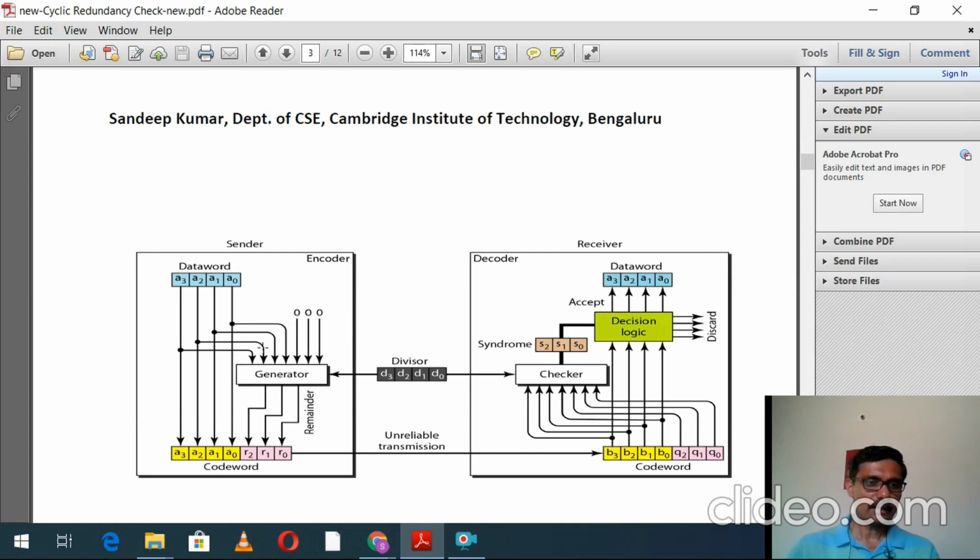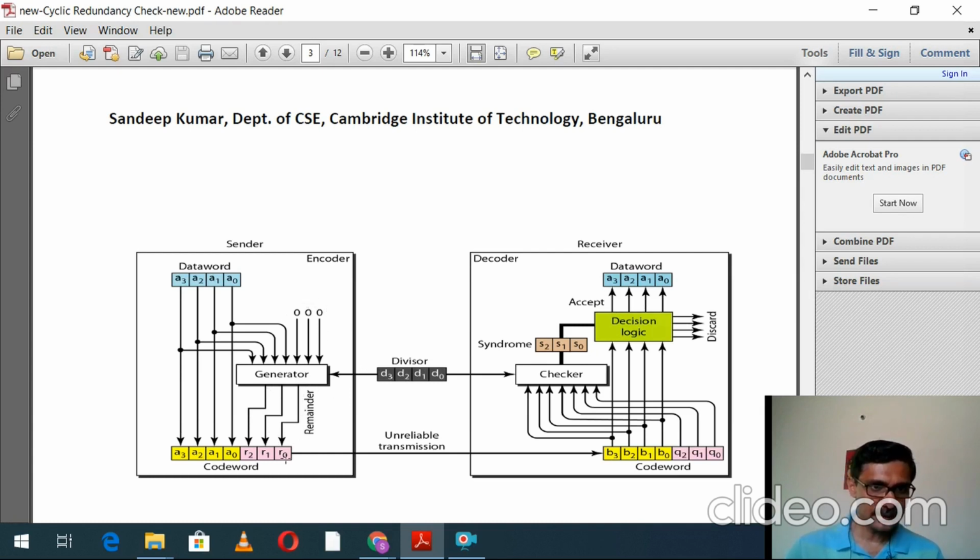Now the generator will perform modulo 2 division and it will generate a remainder. Again, how many bits of remainder? It is again 1 less than the number of bits present in the divisor. In other words, the number of bits in the remainder is equal to the number of zeros appended.